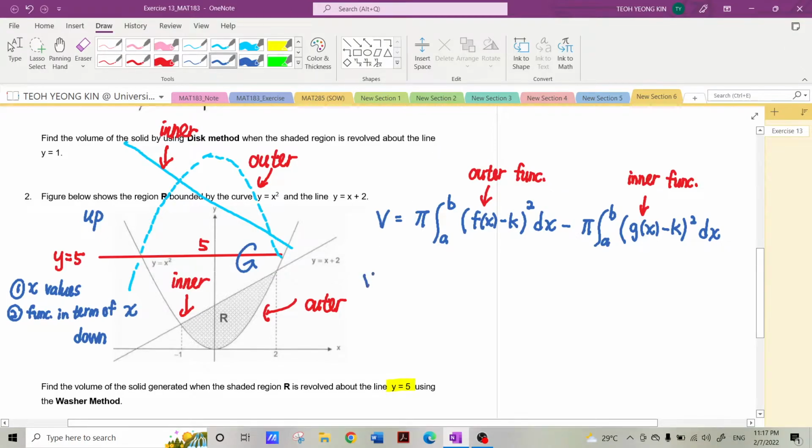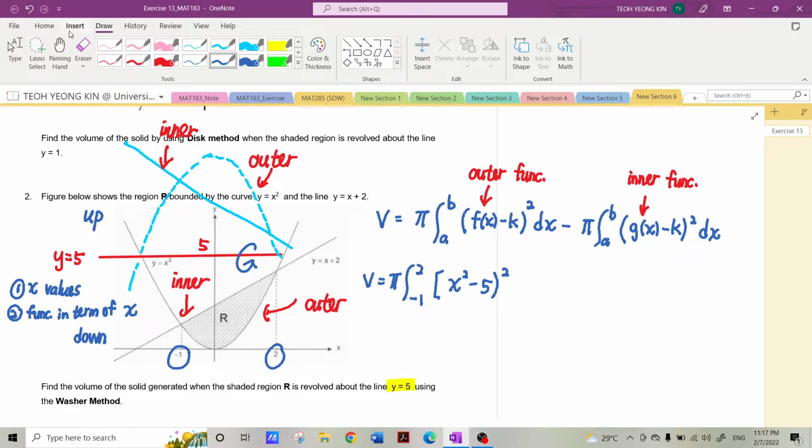So volume equals pi, integrate this shaded region from -1 to 2, and the outer function is the curve, which is x squared. So x squared minus k, our k in this case is 5, so (x squared minus 5) squared.